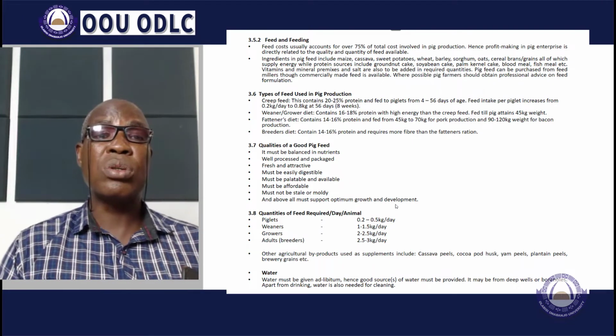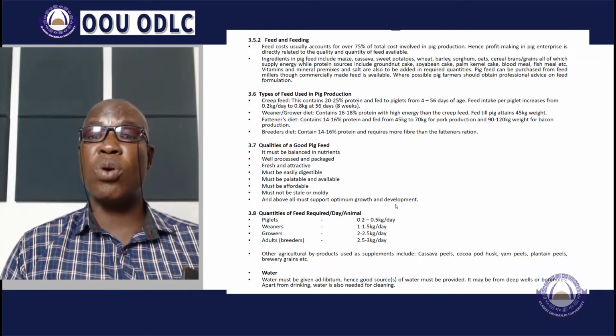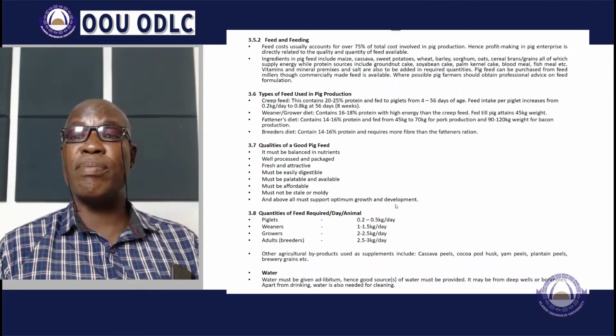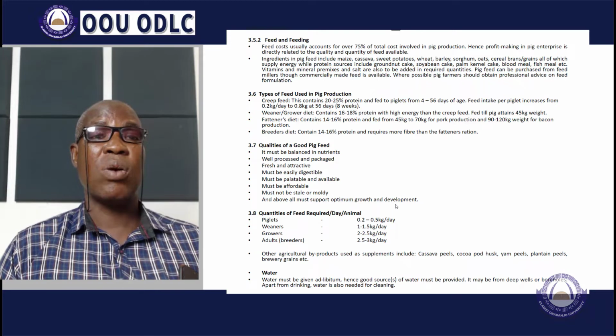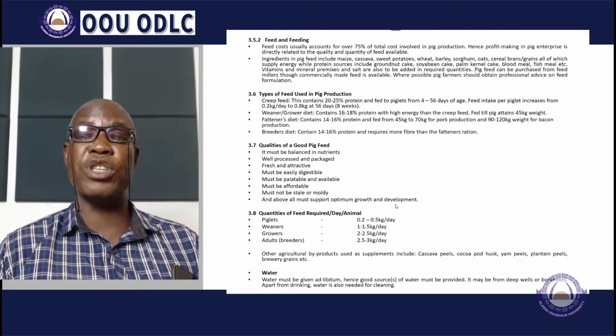Ingredients in making pig feed vary, and they include maize, cassava, sweet potato, wheat, barley, sorghum, oats, cereal brans, and grains, all of which supply energy, while the protein sources include soybean cake, groundnut cake, palm kernel cake, blood meal, fish meal, and so on.